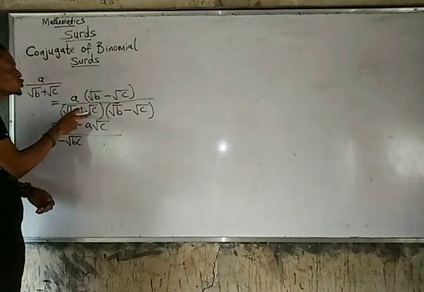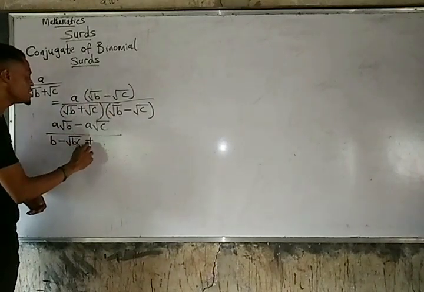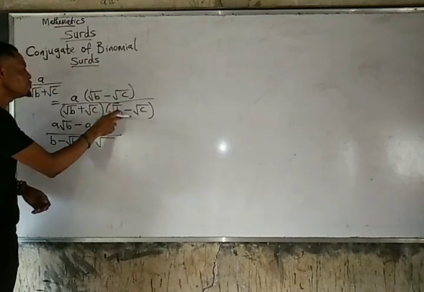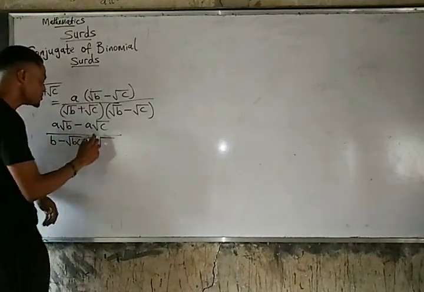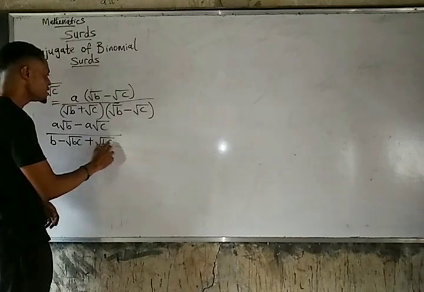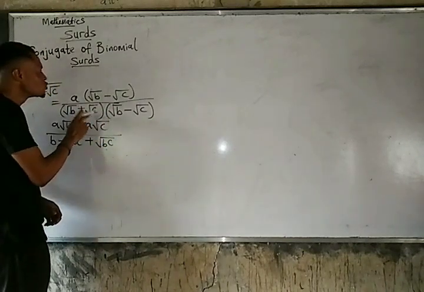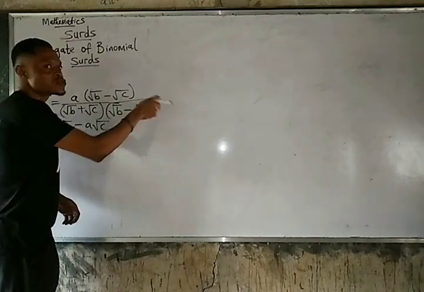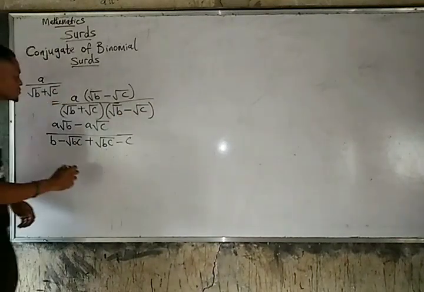Equally, root c multiplied by root b is going to be addition of b times c. Either cb or bc, they are the same. So we will be having bc again when you multiply this and this together. And finally, root c multiplied by minus root c, we are going to have minus c.